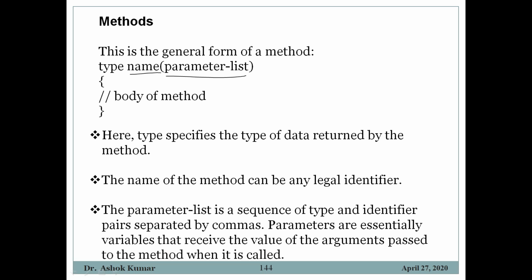A method we can define like this: a method is a set of statements that can perform a specific task. For example, if you want to find the square root of a number, you can write your own method to find the square root of the number. In the coming slides, we are going to discuss this concept in more detail.